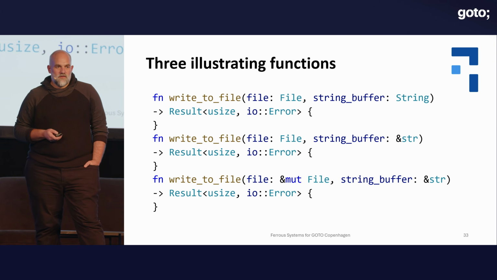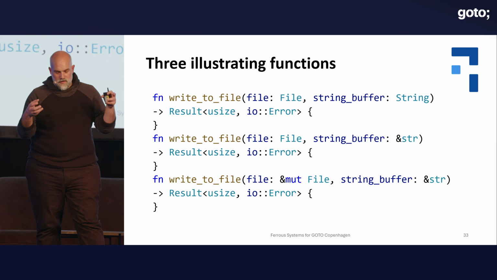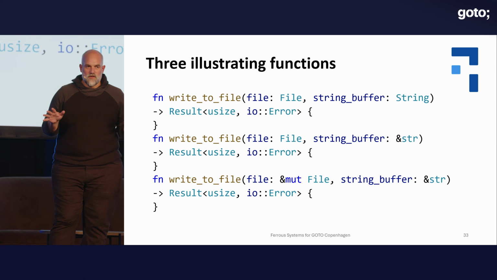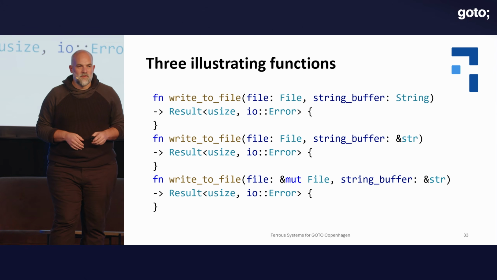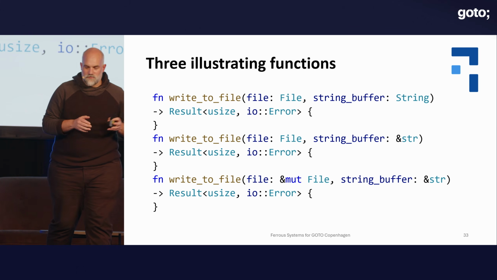The first one, for example, takes a file and a string owned. So, and then, well, does something behind the covers. We don't know after this function call how long these things will even live, because we've given up all of our opinions, we're not the owner anymore, we don't care.